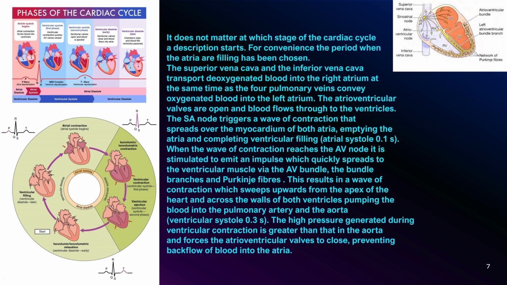Ventricular systole lasts 0.3 seconds. The high pressure generated during ventricular contraction is greater than that in the atria and forces the atrioventricular valves to close, preventing backflow of blood into the atria.